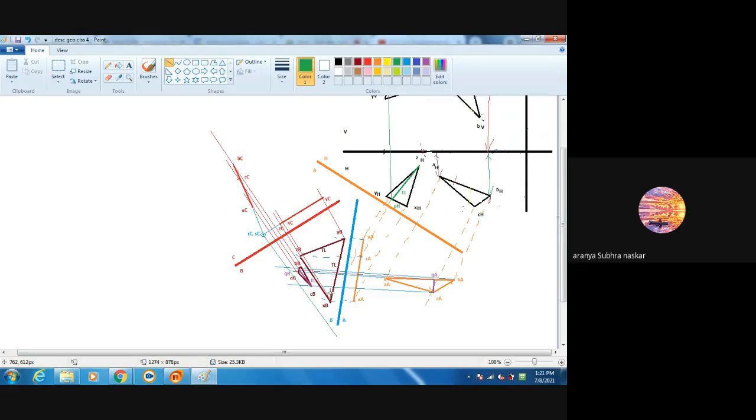AB and XYZ are not the same plane, but this line is on XYZ and this line is also on ABC. Yes or no? So let us have it on the XYZ plane.